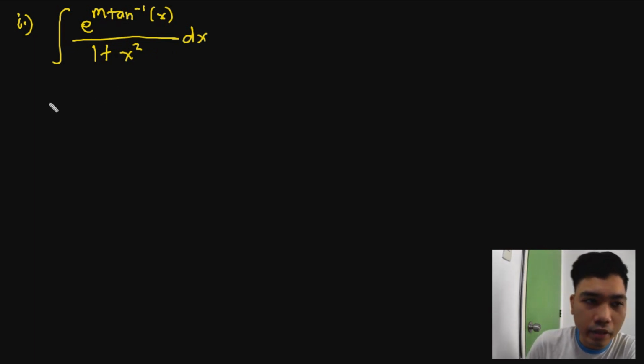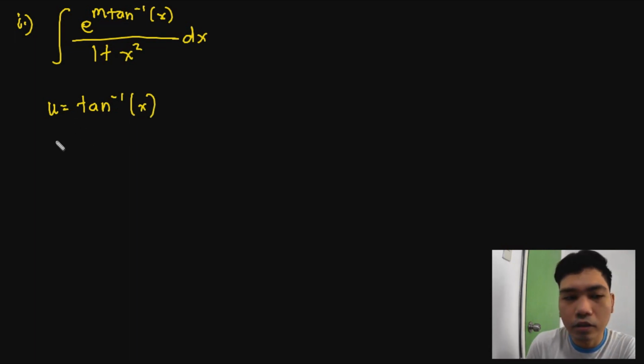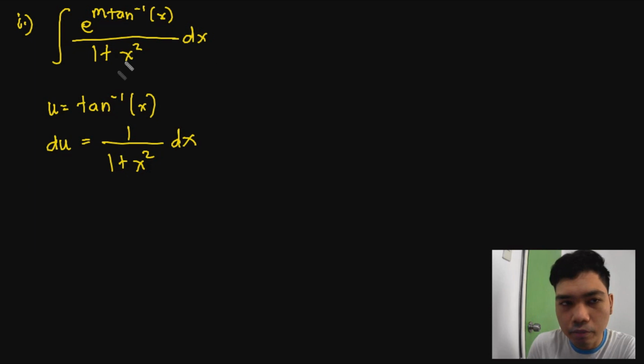So we let this equal to u, so that becomes the inverse tangent of x, and then you take the derivative of this expression, so that is du equal to 1 over 1 plus x squared dx, which makes perfect sense in this problem.